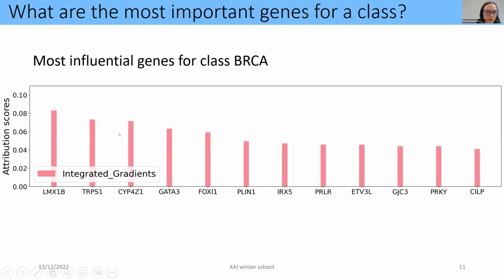So they compute the attribution scores for all samples of a class, and then they average the genes values over all samples. And they rank the averages, and they obtain this kind of graph. So we could say, okay, these are my most important genes, so I will focus on these genes to understand what is happening.